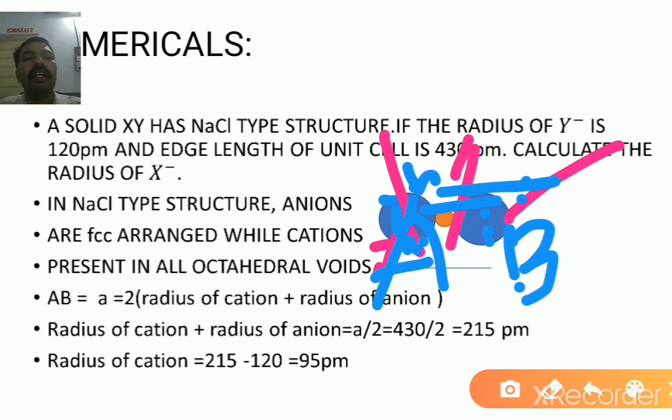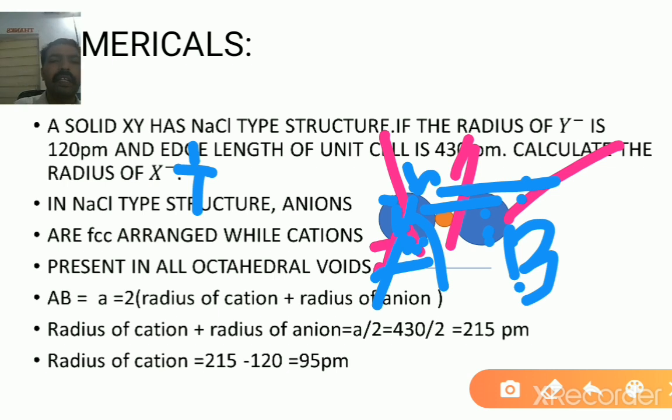In the question it is already given that the edge length is 430 picometer. Putting the value of a, 430 divided by 2 is equal to 215 picometer. 215 picometer is the radius of cation plus radius of anion. In the given numerical, we have to calculate the radius of the cation.